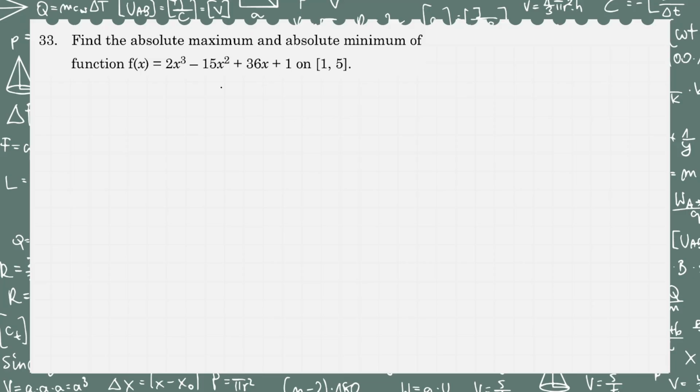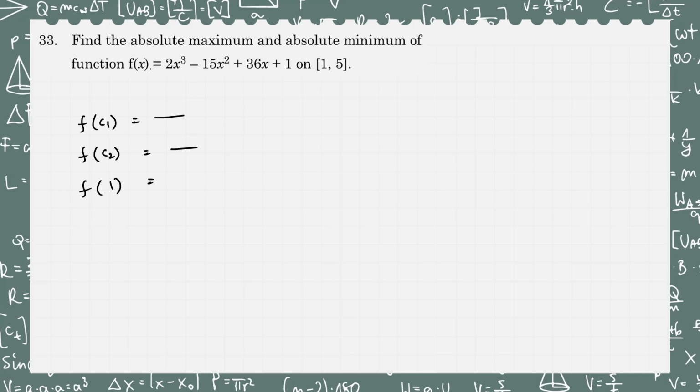So what we will do is we will find the critical points of the function f of x, and after finding the critical points we will see f of critical point number 1 and f of critical point number 2 and f of the end points.